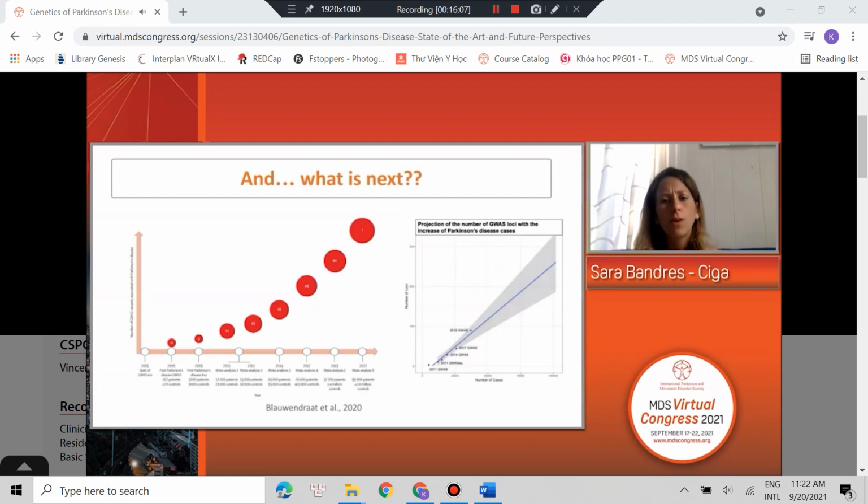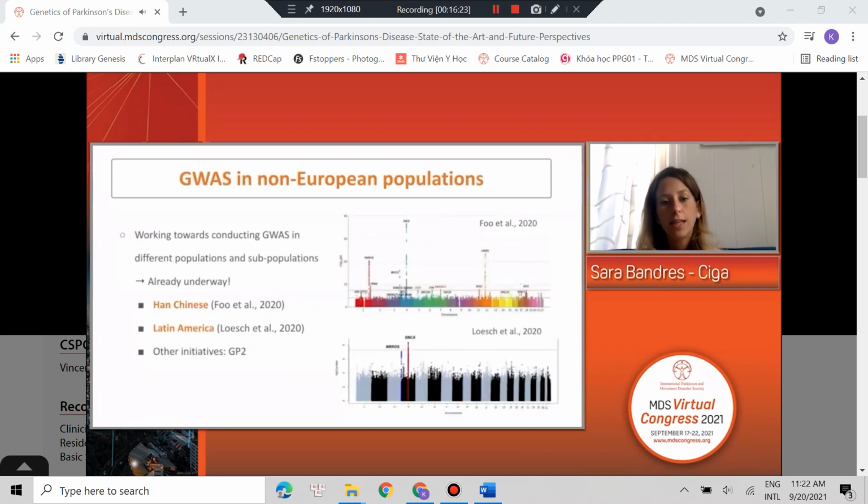And what this image really tells us is that teamwork is crucial, right? Teamwork is crucial to unmask the contribution of currently uncaptured genetic variation to the risk of Parkinson's disease. And importantly, this is where the future goes.